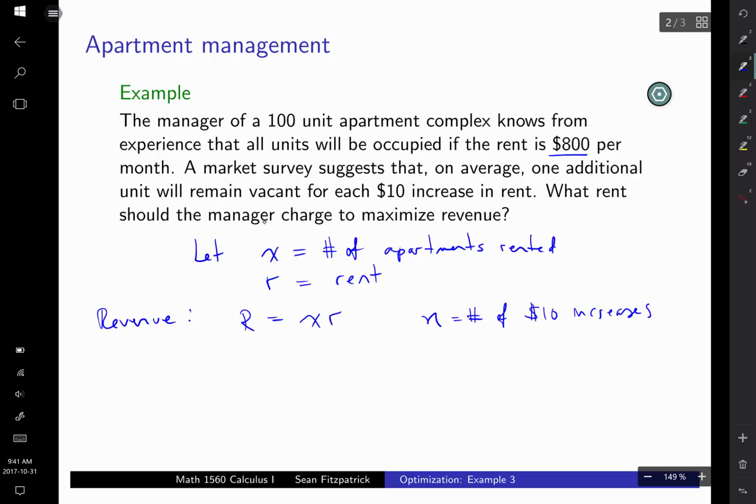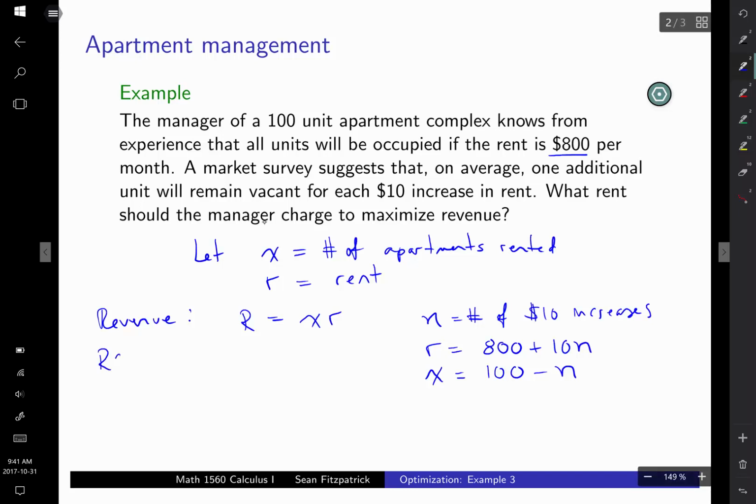And so then we know that the rent is going to be the initial rent of 800 plus 10 times N, right? And the number of apartments rented, X, is going to be the initial number, 100, minus, well, for every $10 increase, we lose one unit, right? So 100 minus N.